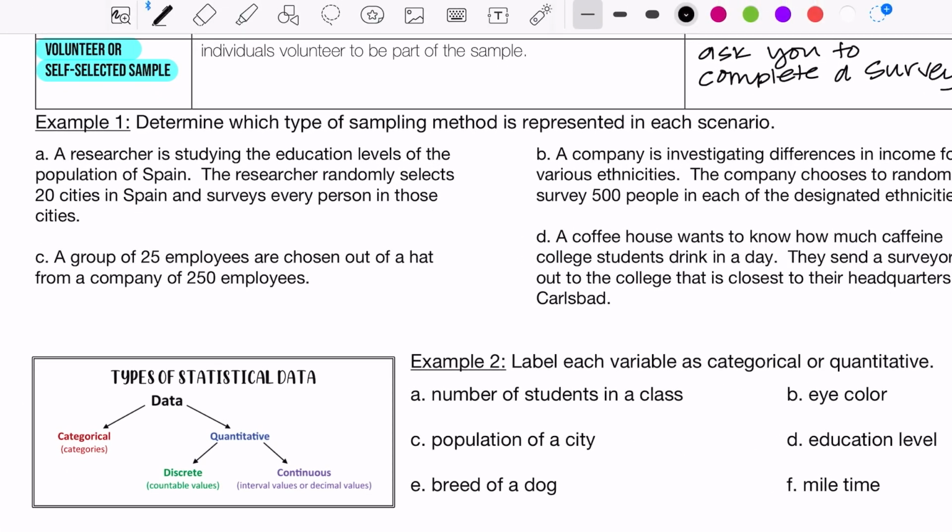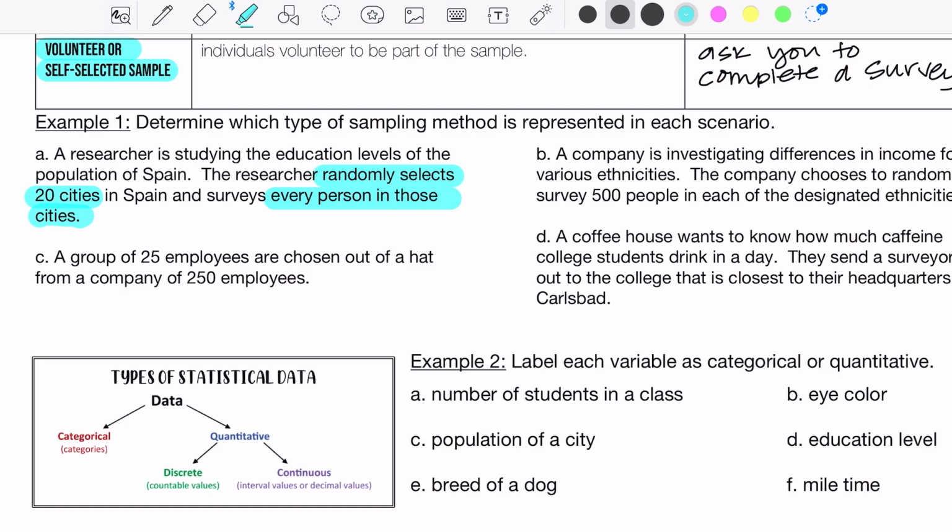So our first example asks us to determine which type of sampling method. So we want to make sure we look at these pretty thoroughly. A researcher is studying the education levels of the population of Spain. They're going to randomly select 20 cities and survey every person in those cities. Okay, so there's hundreds of cities in Spain. So let's say there's exactly 100.